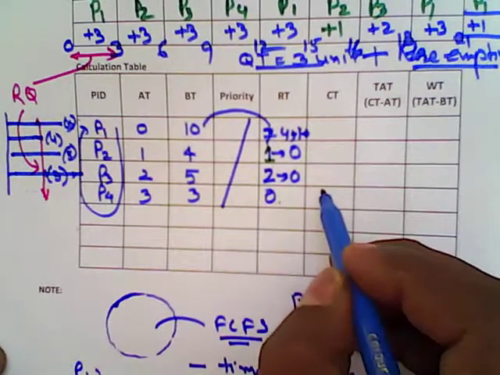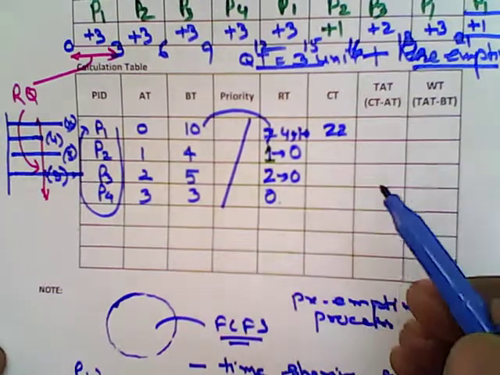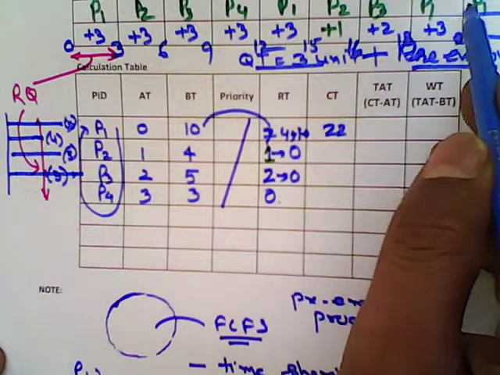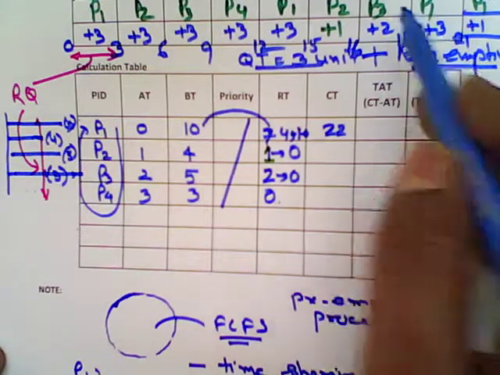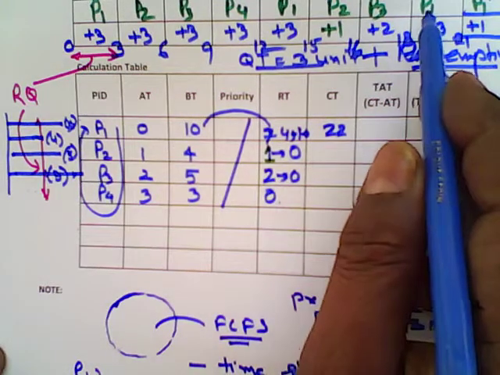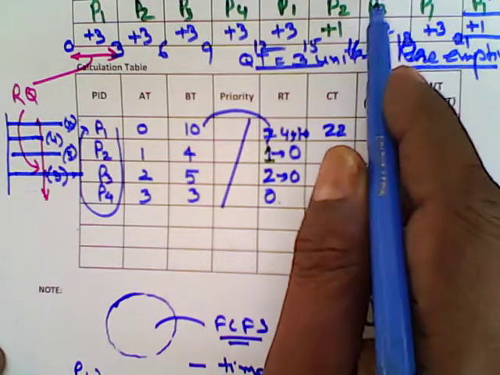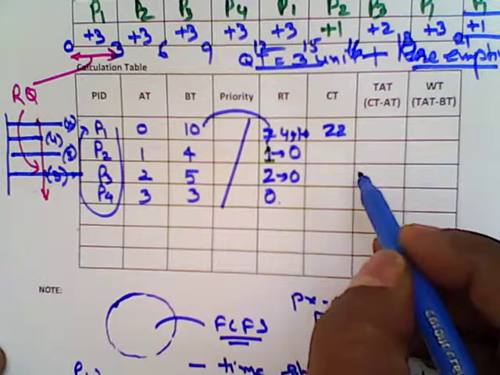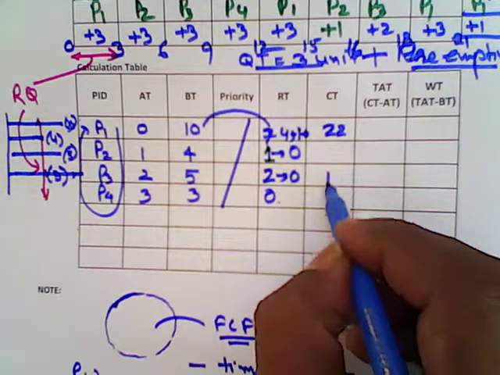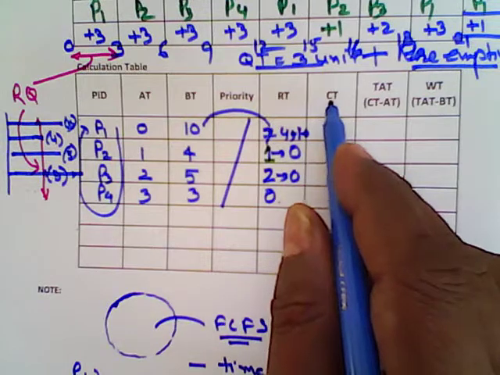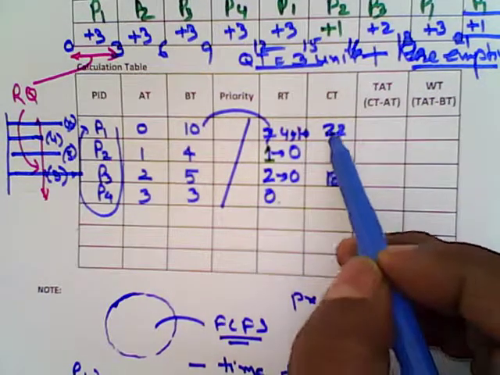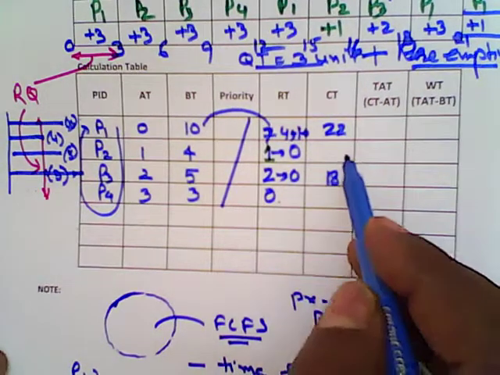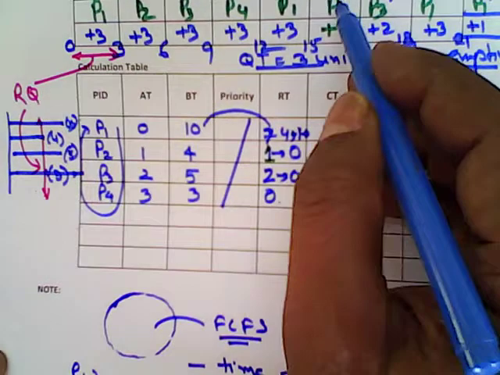Before P1 is P3, ignoring P1 here. P3 is 18, so we consider 18 as the completion time of P3. Once P3 is considered, we look for P2. P2 is 16. After P2, what is remaining? P4, which is 12. So we have covered everything.